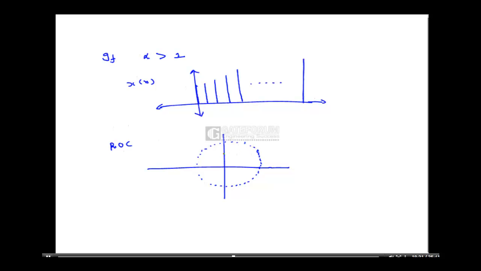Alpha value is less than 1, that means this is my circle. This is equal to alpha. Region of convergence is outside this value. So all the points lying outside this circle will be the region of convergence.